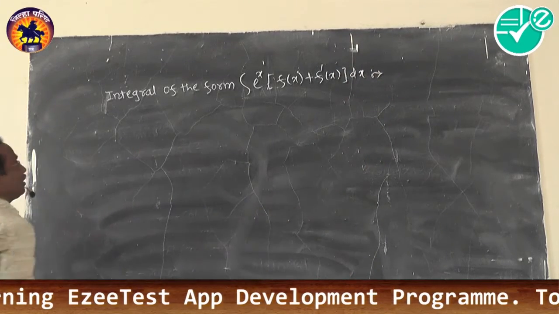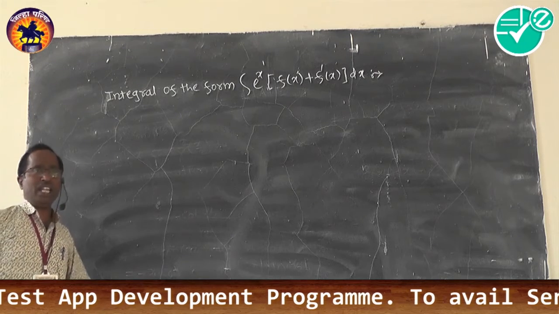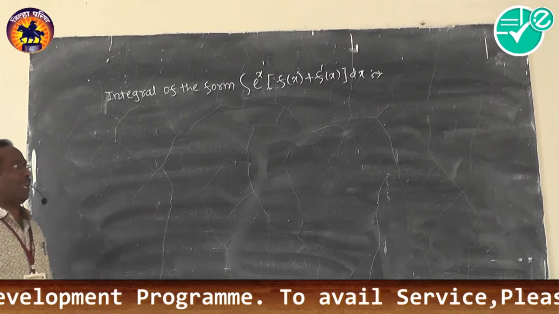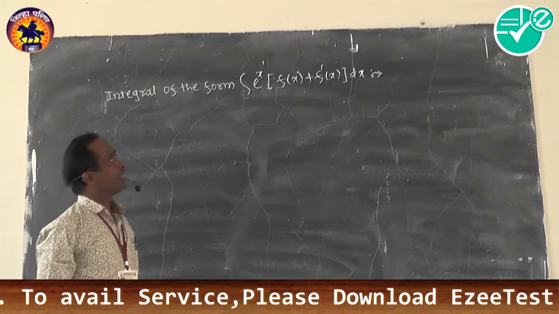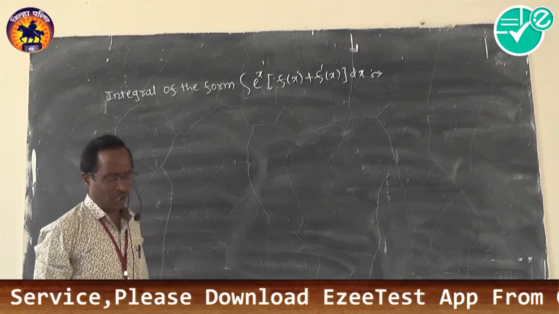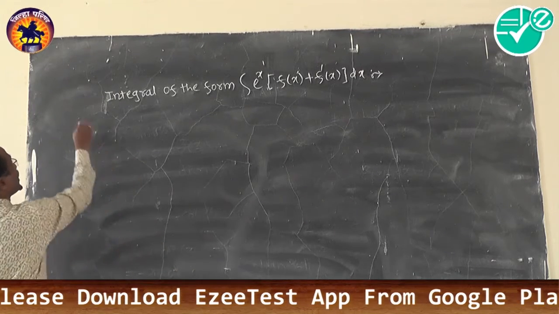Now we want to find the integral of e raised to x into bracket function plus its derivative. Then what is the integration of this function?